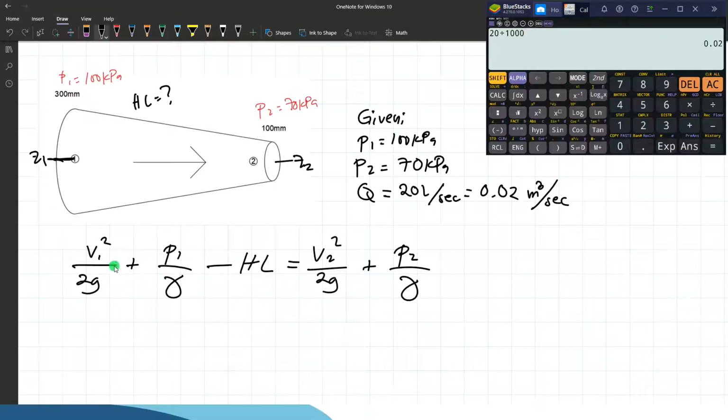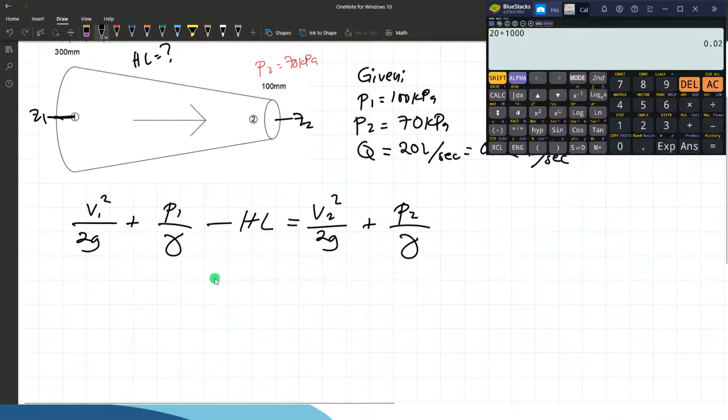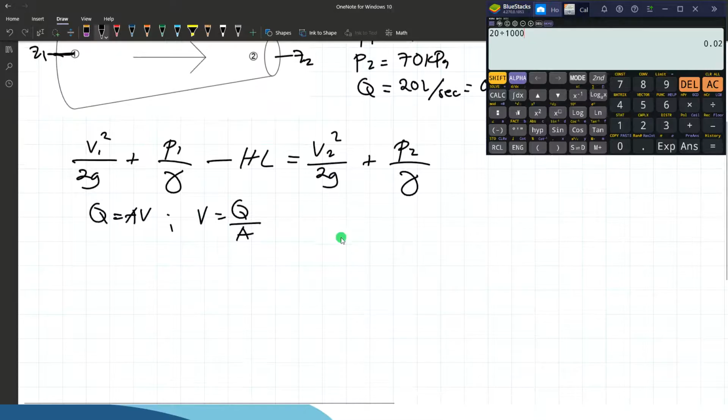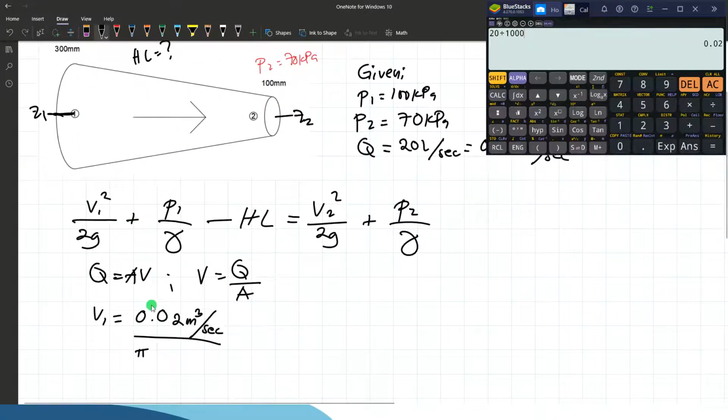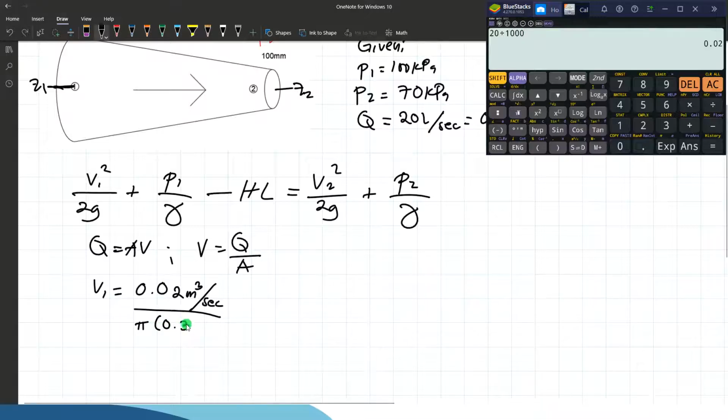So substitute V1. Let's compute first V1 from the given Q. So Q is equal to AV, or velocity is equal to Q over A. So for velocity at point 1, we have Q, which is 0.02 cubic meters per second divided by the area. Area at point 1, we have diameter of 300 mm, so pi d squared over 4, 0.3 meters squared over 4.